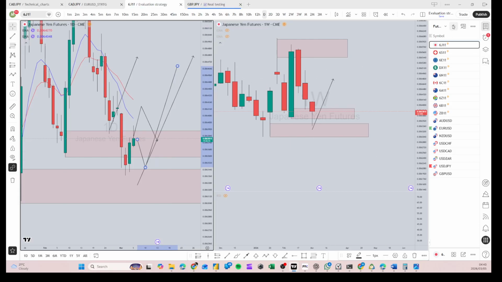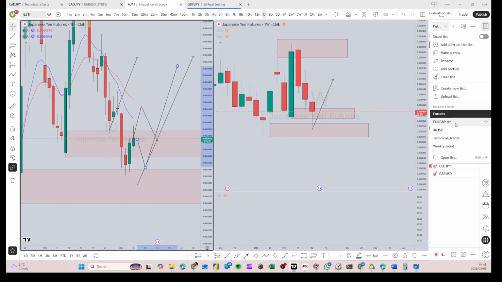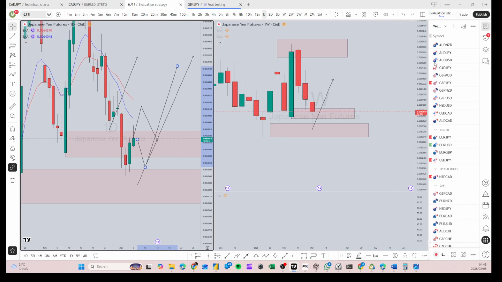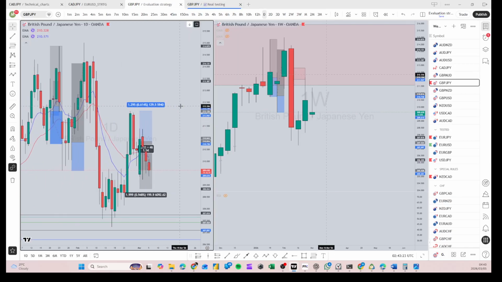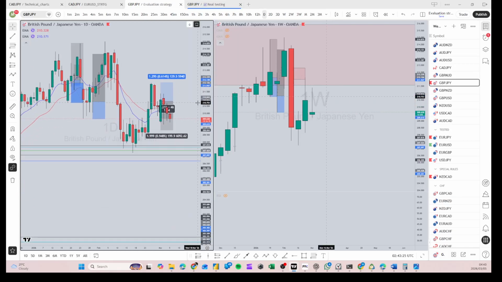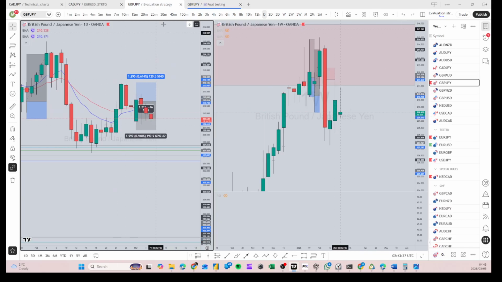Now let's look at the cross pairs. On the cross pairs, I did a breakdown on the GBPJPY yen pair first.